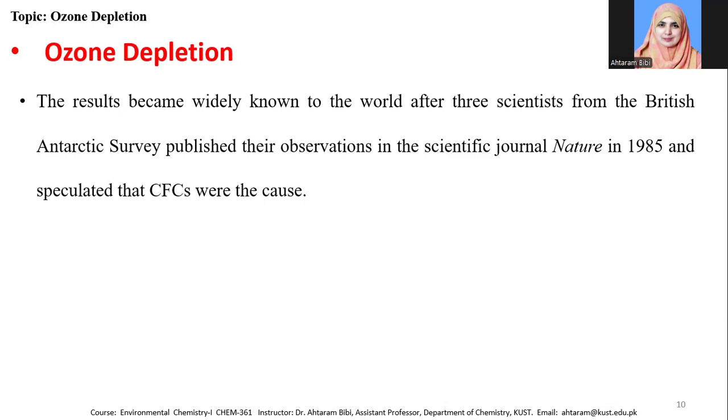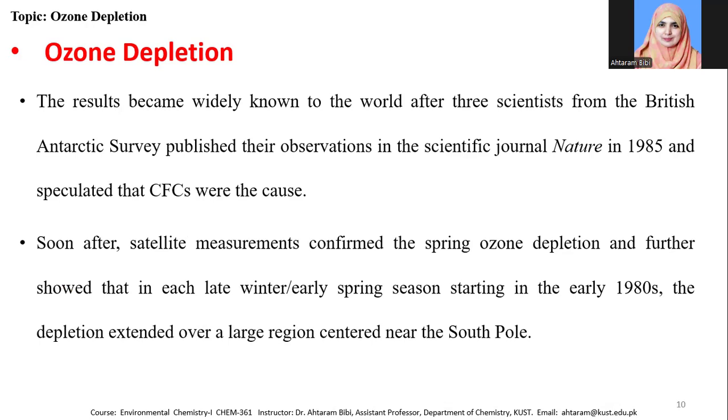Chlorofluorocarbons were the main cause of ozone depletion. Soon after, satellite measurements confirmed the spring ozone depletion and further showed that in each late winter and early spring season, starting in the early 1980s, the depletion extended over a large region centered near the South Pole.